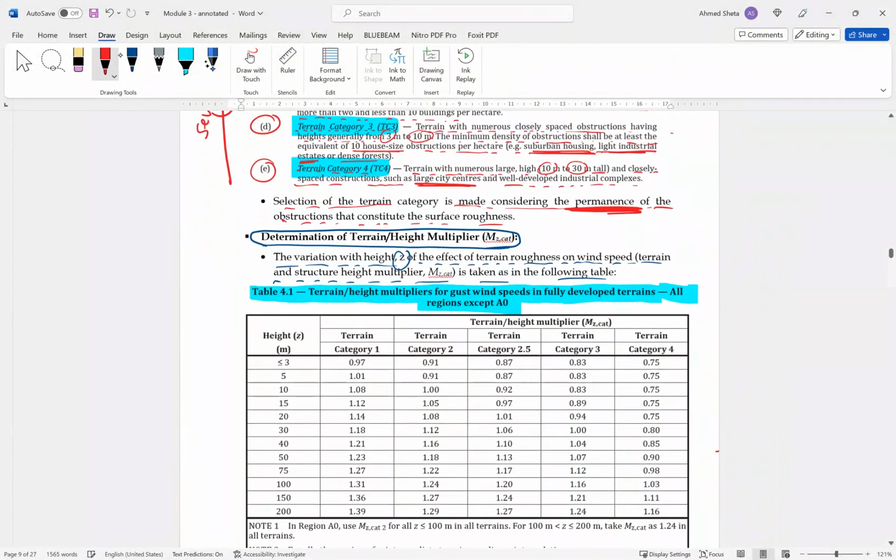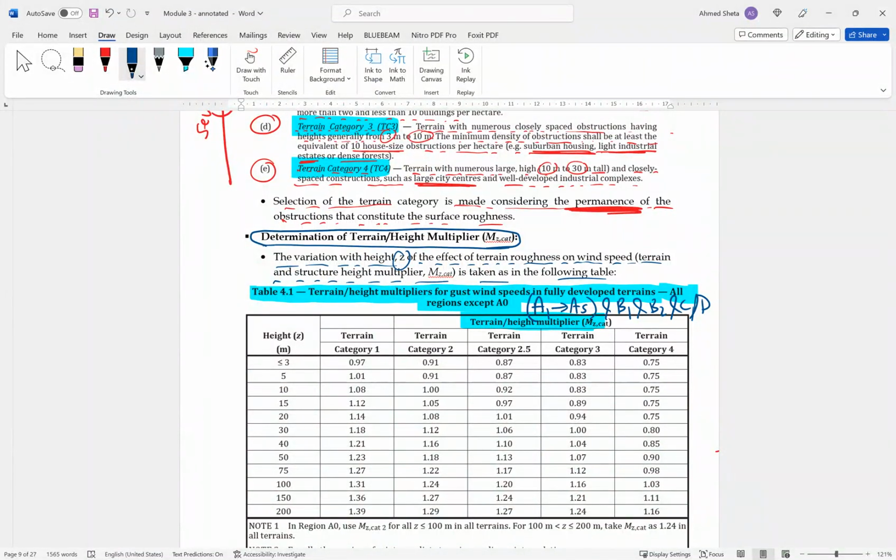So for all other regions, from A1 to A5, B1, B2, C, and D, to find the terrain multiplier MZCat, you need to know the terrain first.